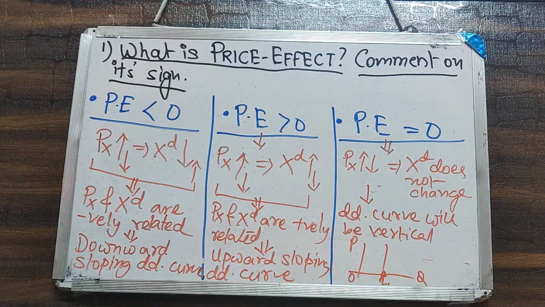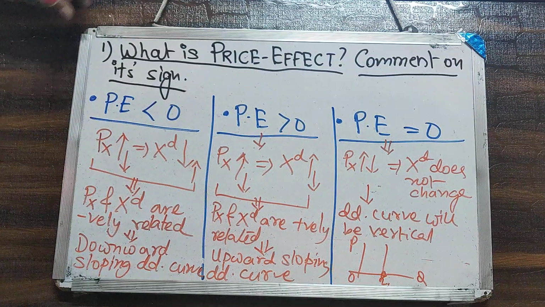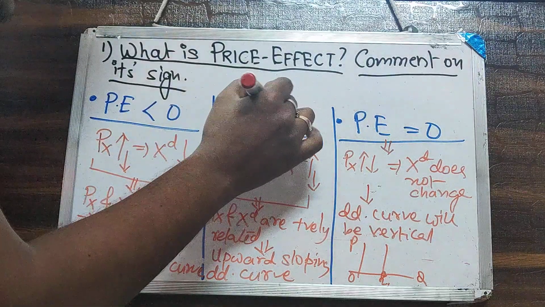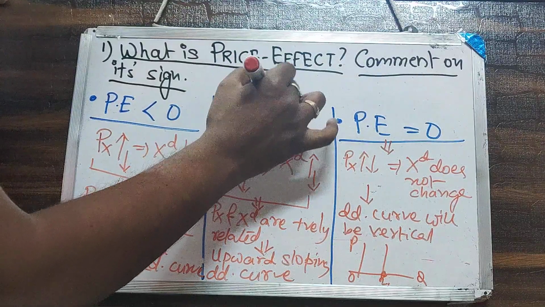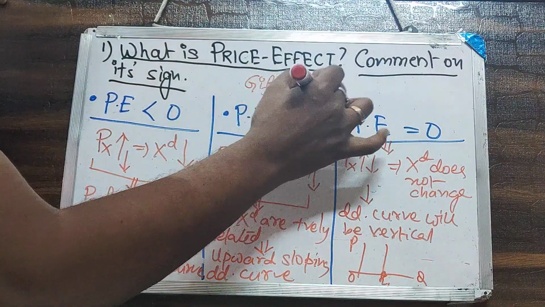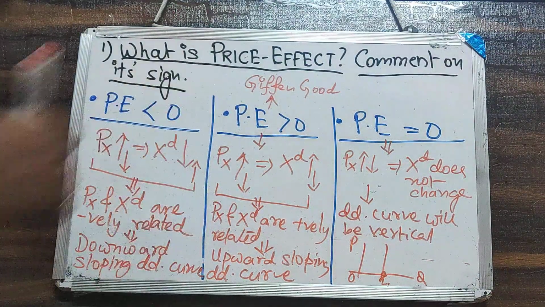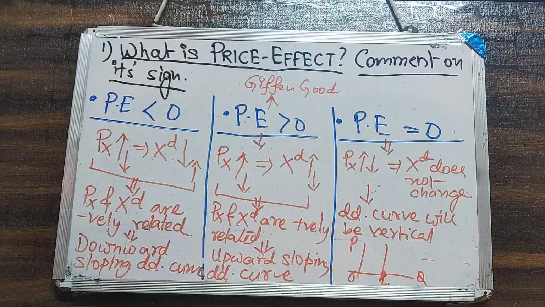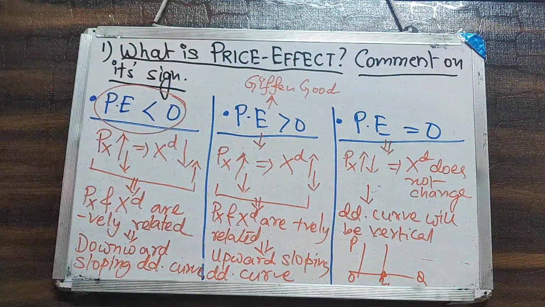Now, remember that price effect will be positive in case of Giffen good. That means normal price demand curve will be upward sloping. In case of negative price effect, in which case will we find negative price effect?